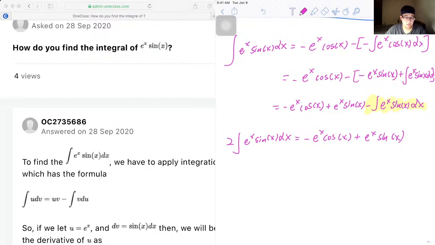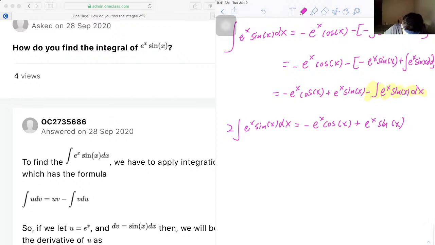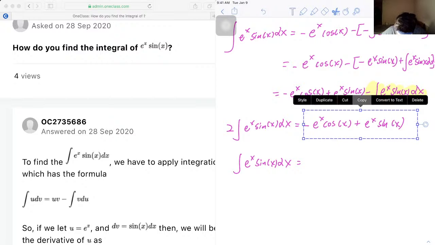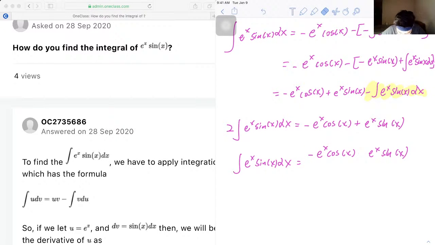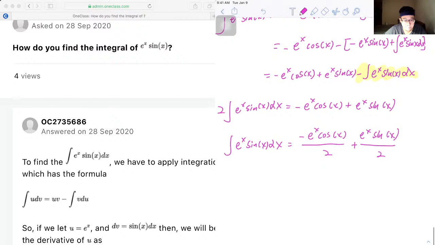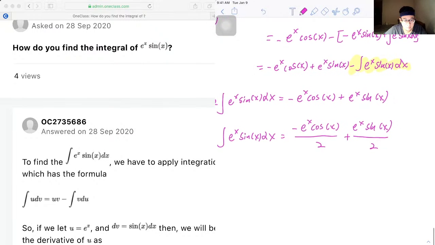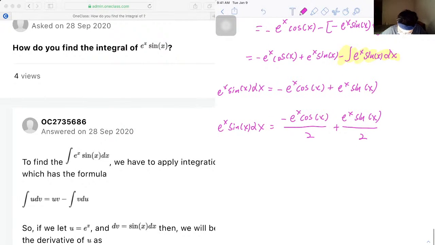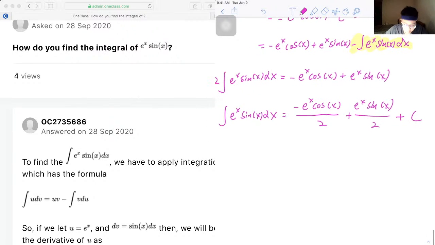Dividing both sides by 2, we will have integral e^x sine x dx equal to the whole thing divided by 2. Oh, and plus c, where c is a constant.